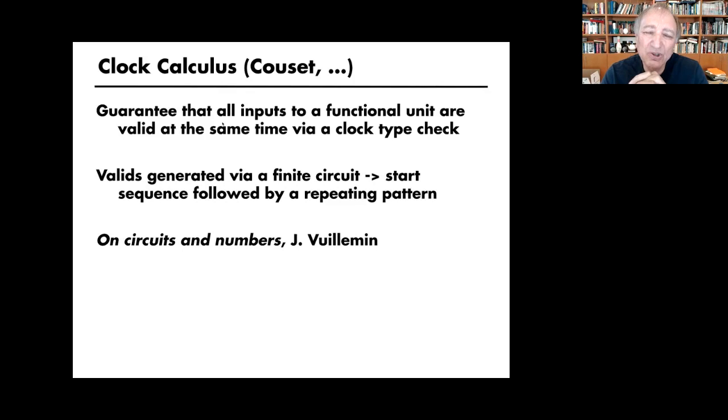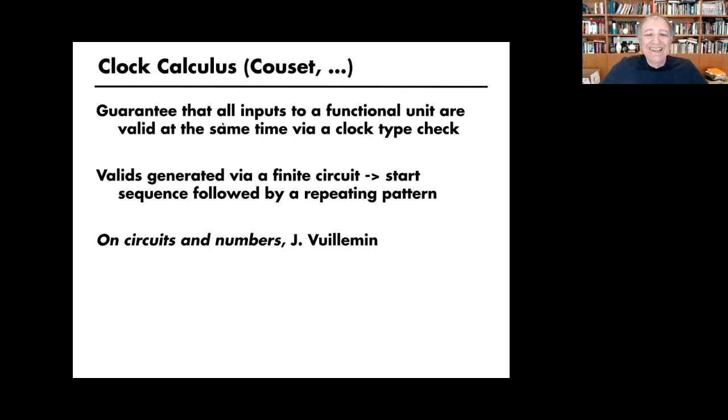You might have to store up the valid, because to compute A plus B, the valid B might not have arrived yet. And so that would require buffers. And in general, buffers are what can make data flow really slow. So if you could prove that all the valids lined up properly, or you could transform your program into a version where all the valids lined up properly, then you could make it run really, really fast.